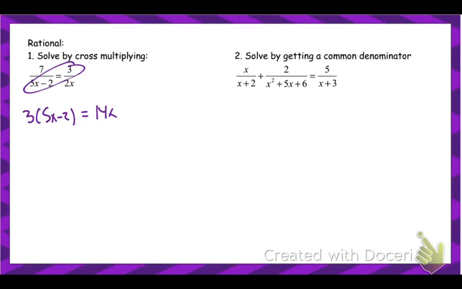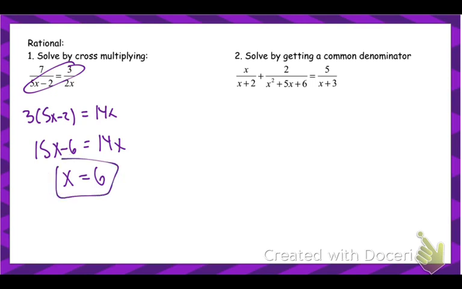So after we cross multiplied, then from here, we can distribute. And I end up with x equals 6. Again, we still need to check for extraneous solutions. In this case, we're good.